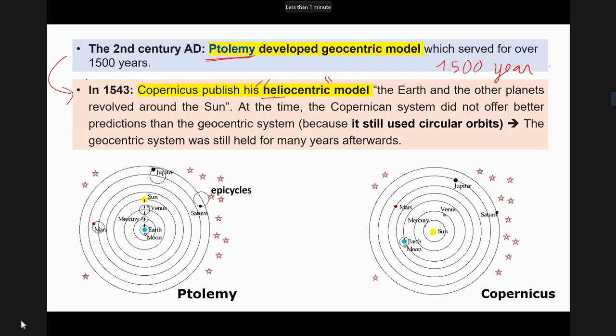Once again, the heliocentric model appeared. This model states that the Earth and the other planets revolve around the sun. And this is Copernicus. The sun is here.